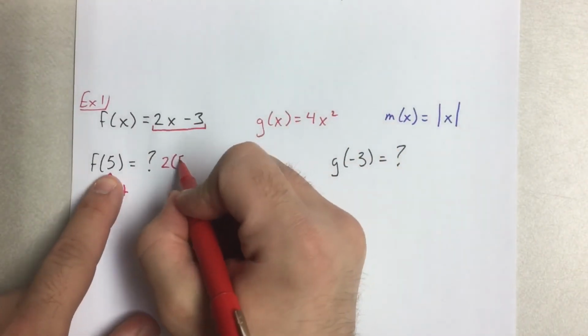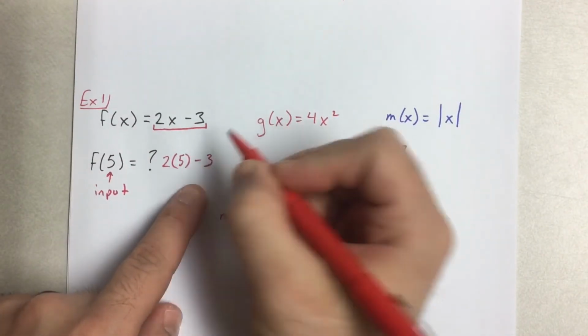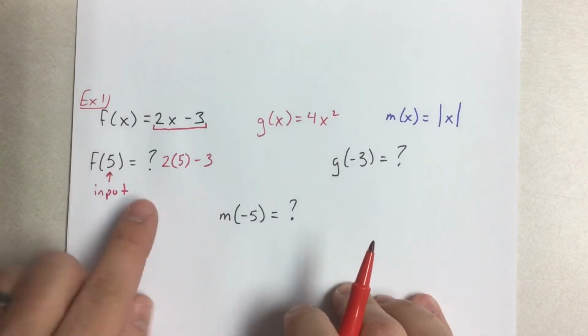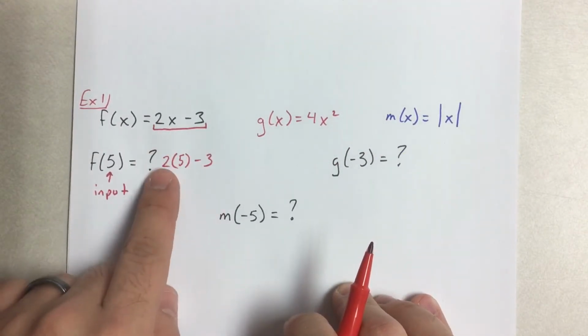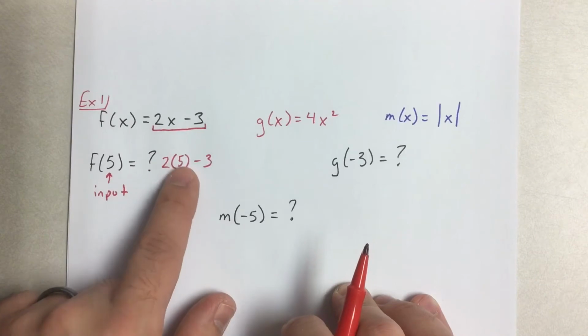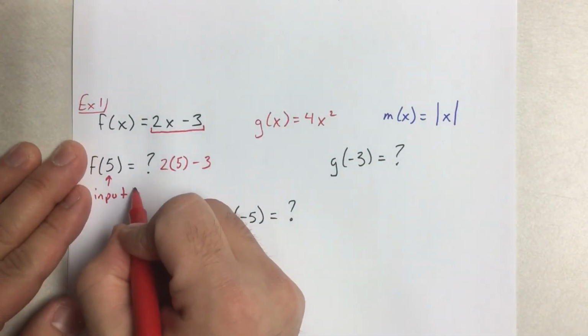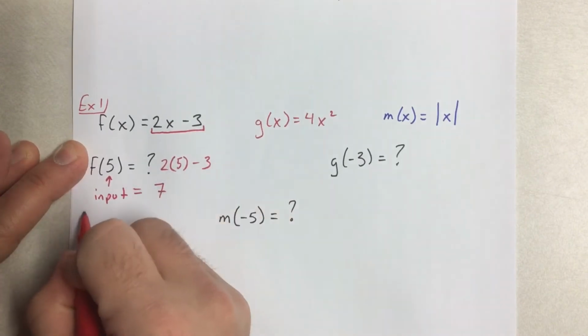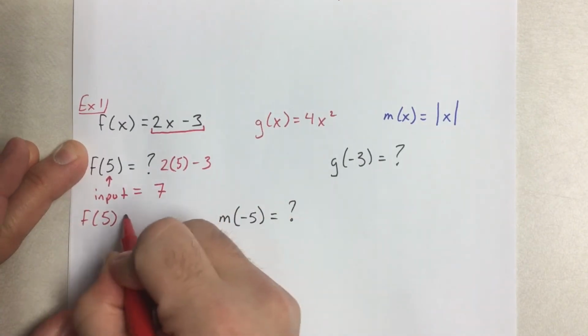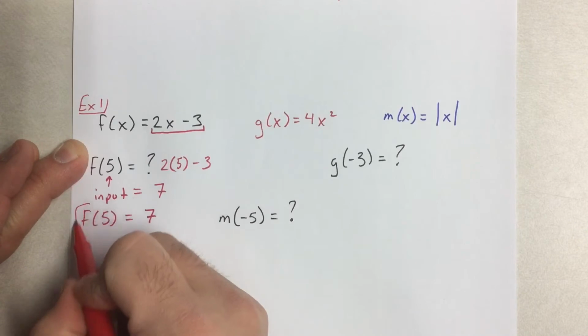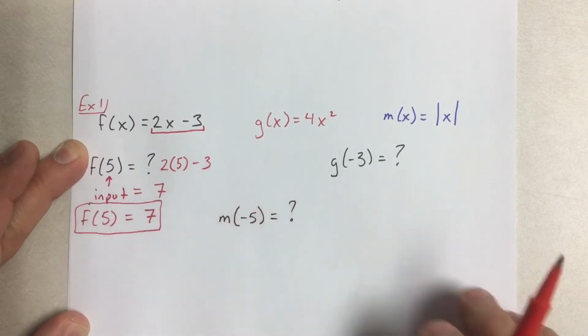So we have 2 times 5 minus 3. All right, so manipulating this, the function goes through 2 times 5, which is 10. Subtract 3, we get 7. So we would say f parentheses 5, or f of 5, equals 7. And that is our answer.